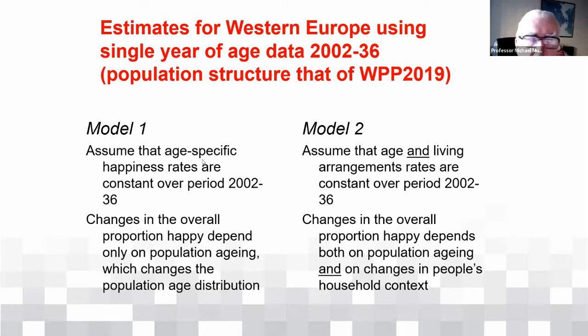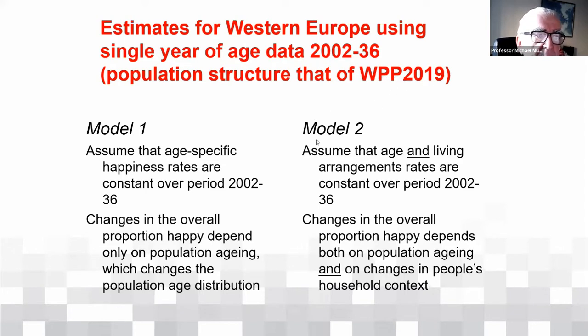In order to get the population distribution into the future, I've used the UN's WPP, World Population Prospects 2019 values for the population of Western Europe, because our data refer mainly to Western Europe.